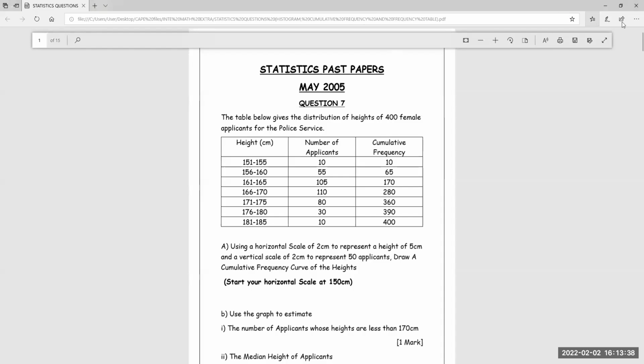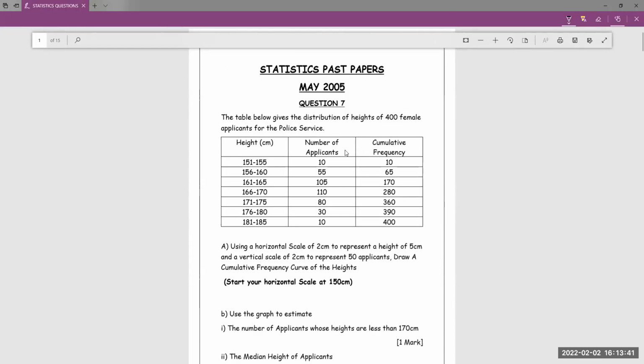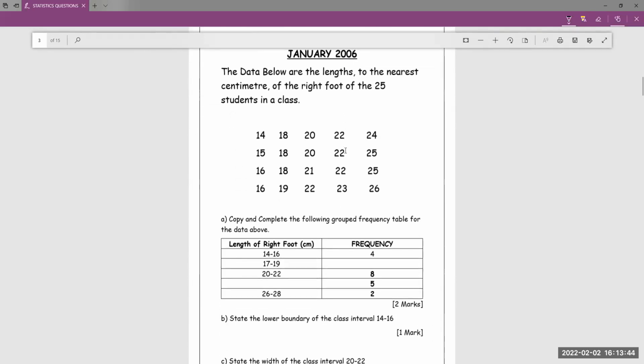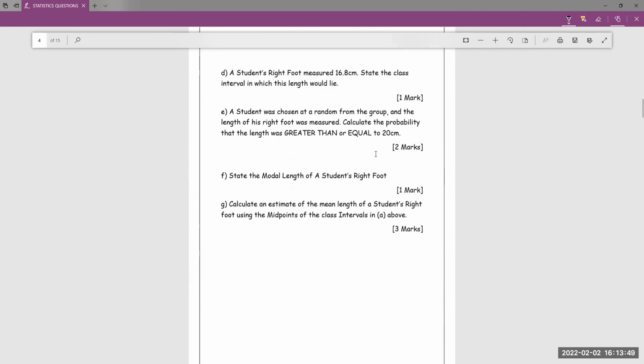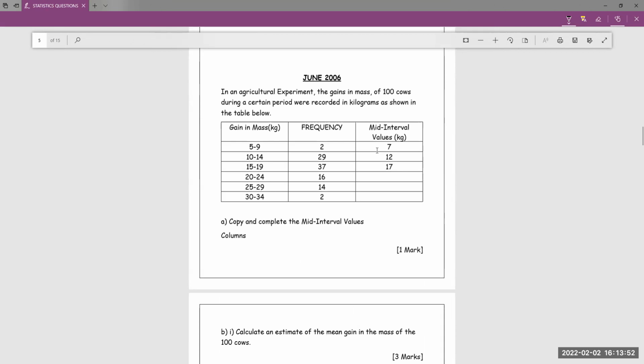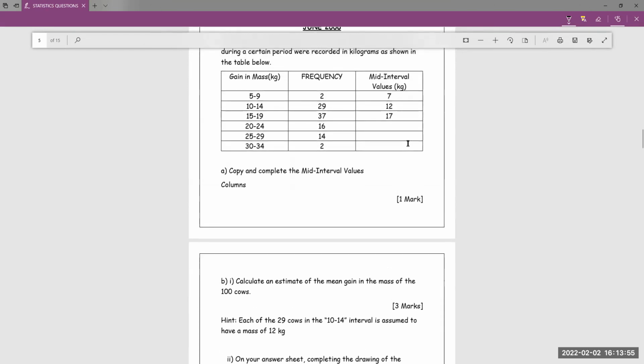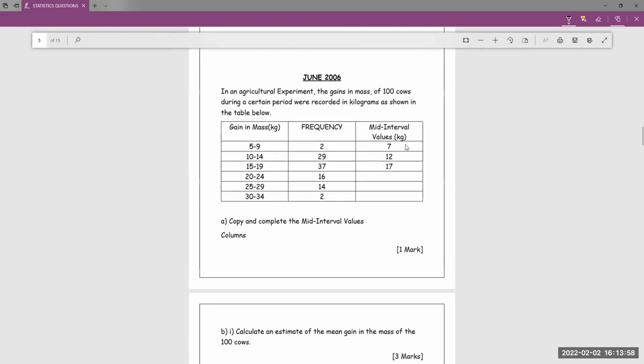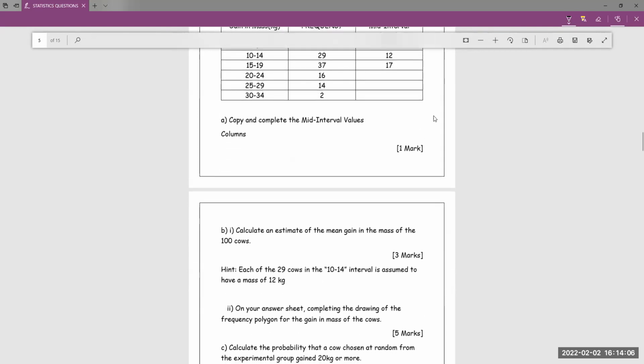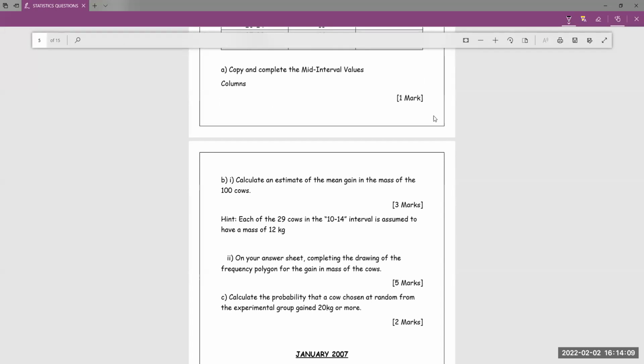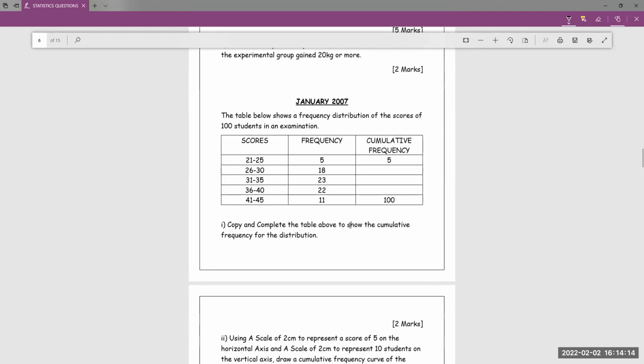Not that one because the table is already complete. I don't want you to do one where the table is complete. Let me see this one. No, not this one, it's not cumulative. Mid intervals, let me see what they're asking. Go down for me. They say B, calculate frequency polygon. That's something that we need to do next, so skip, not frequency polygon. Yes, this one is yours.